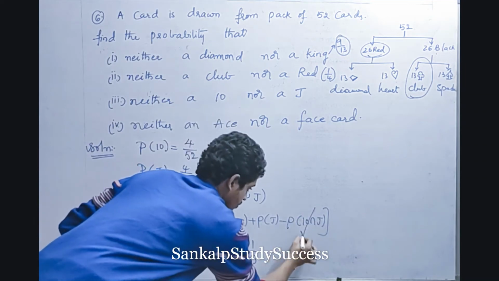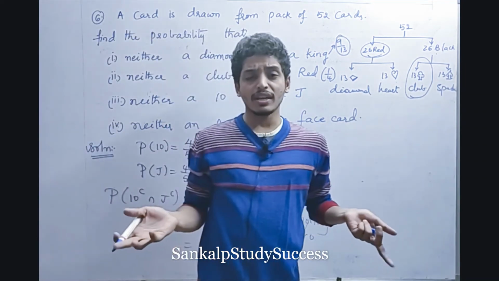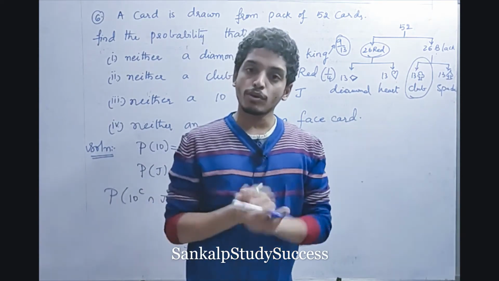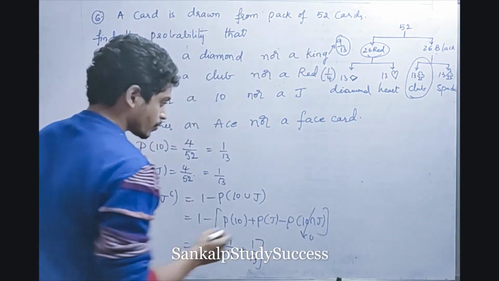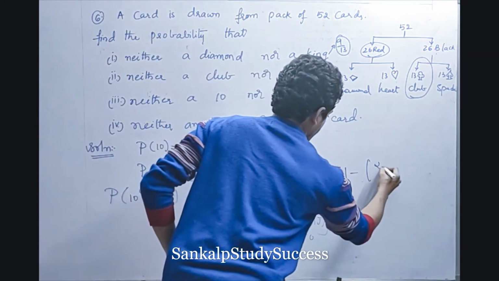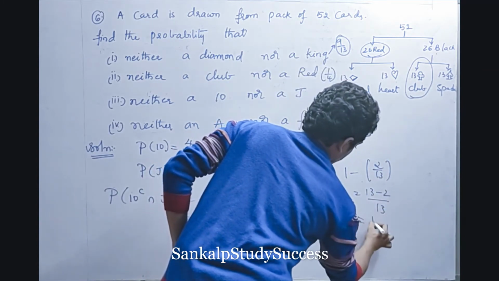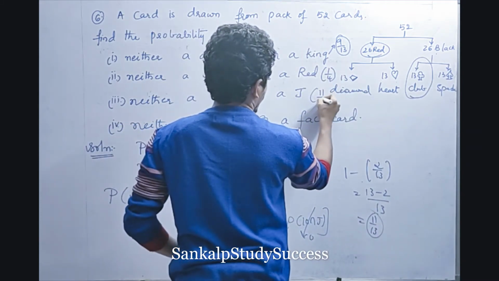So this is a disjoint event, friends. This is 0 because 10 intersection j, there is no relation between 10 and j. If it is 10, it is not j. If it is j, it is not 10. So both are mutually exclusive. So that value is 0. Finally we are going to get 1 minus 2 by 13. That is nothing but 13 minus 2 by 13. That is 11 by 13. So the probability is 11 by 13 here.